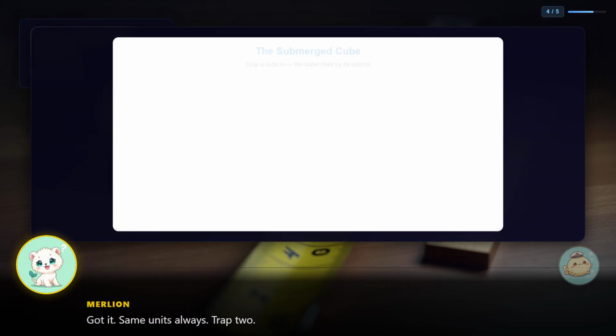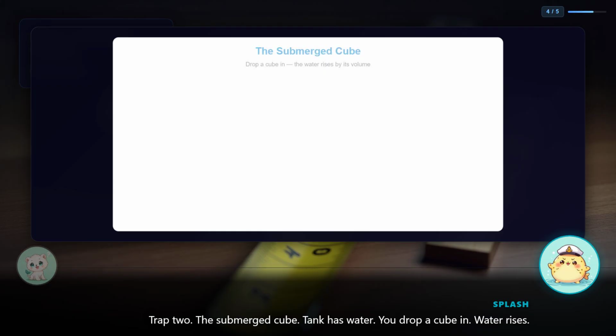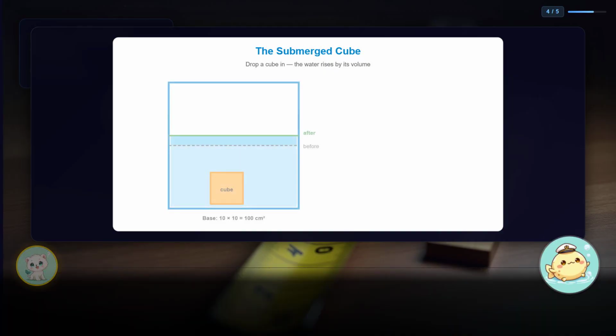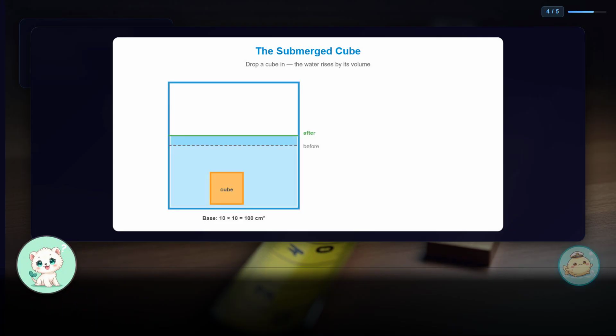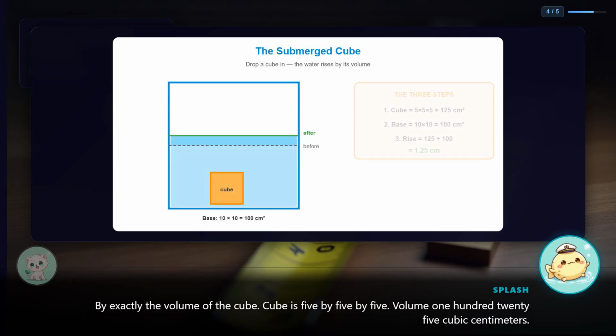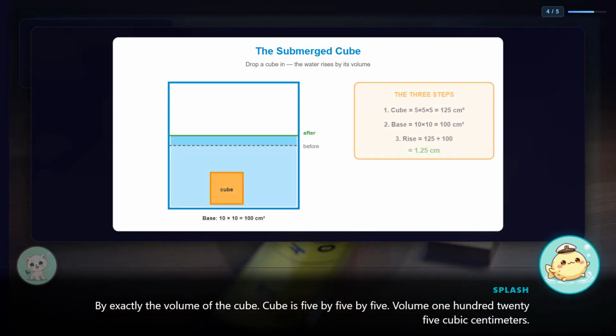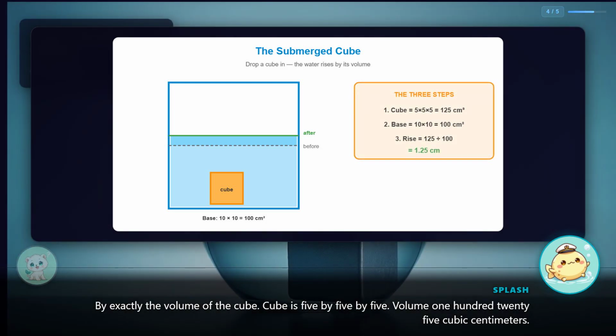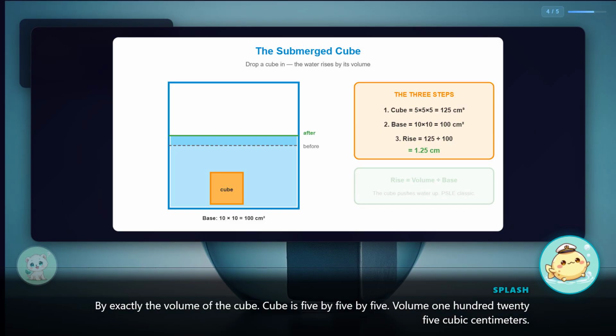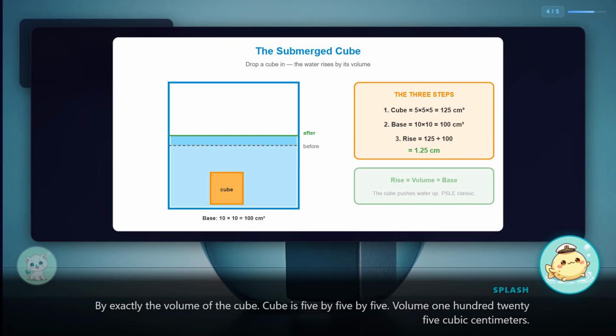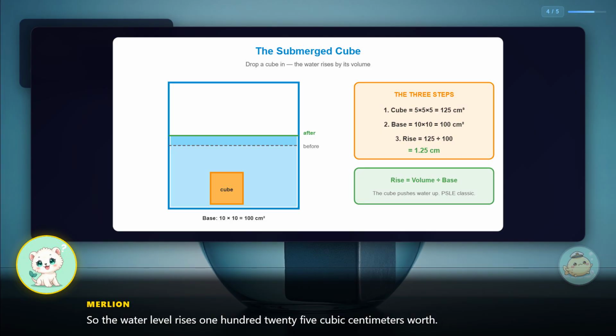Trap 2. The submerged cube. Tank has water. You drop a cube in, water rises. By how much? By exactly the volume of the cube. Cube is 5 by 5 by 5. Volume 125 cubic centimeters. So the water level rises 125 cubic centimeters worth.